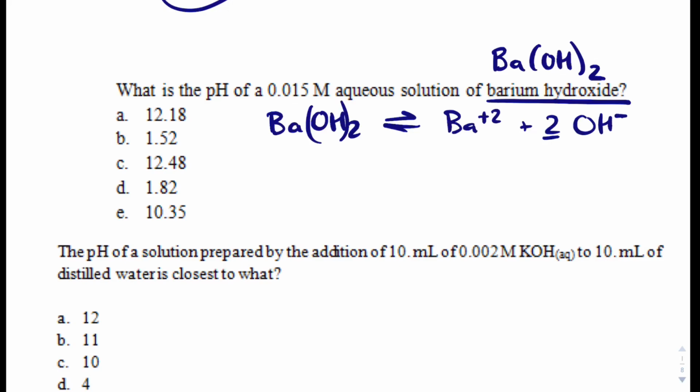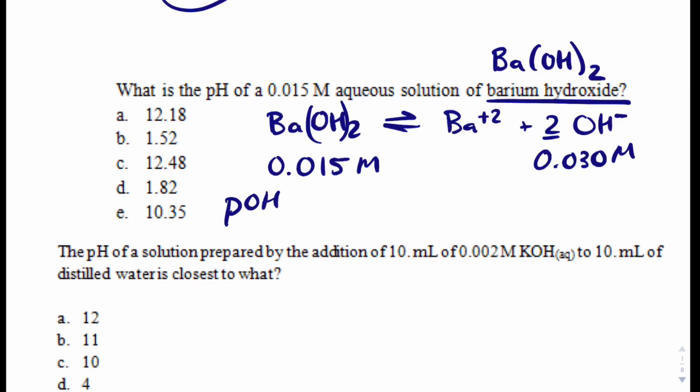And so what I can do is say, if this is 0.015 molar, then the hydroxide is not 0.015 molar. That's a mistake. It's going to be double that through the mole bridge, so 0.030 molar. That's my mistake.